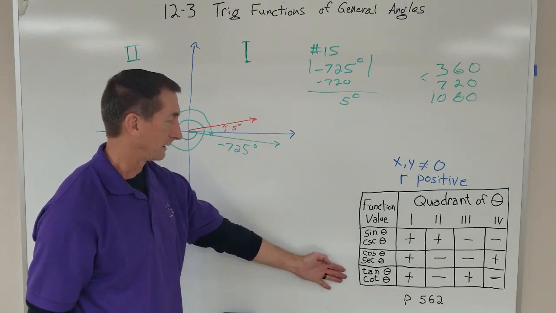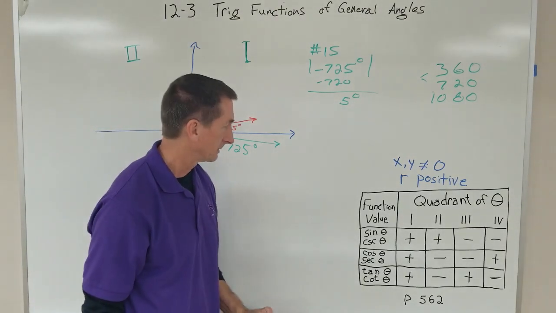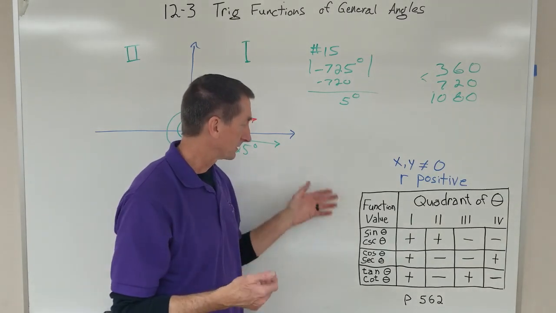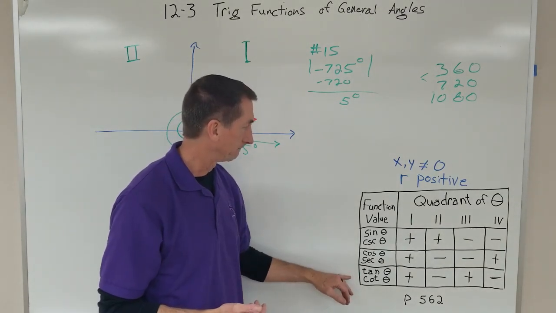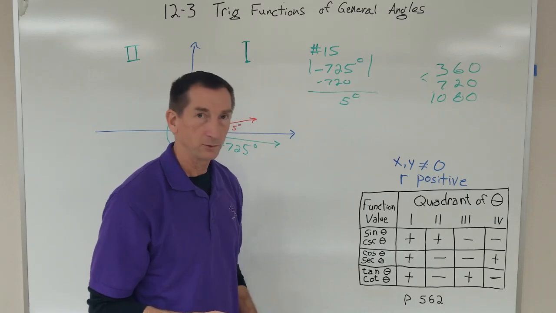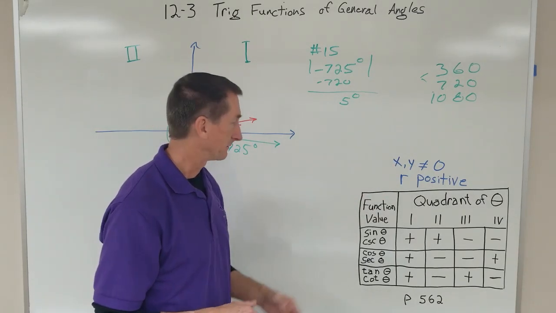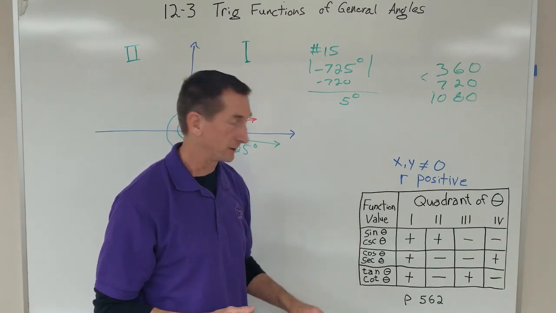Okay, and with the tangent and cotangent, we know since it's either sine over cosine or cosine over sine, the tangent and cotangent functions will only be defined when x and y are not 0.